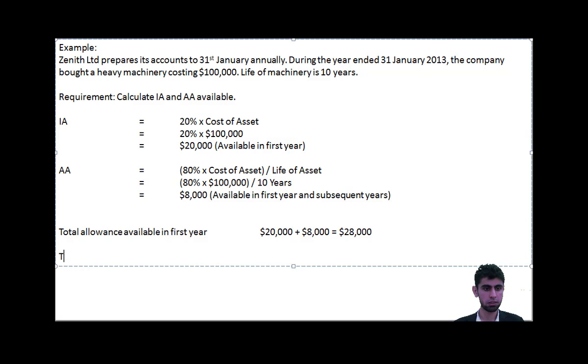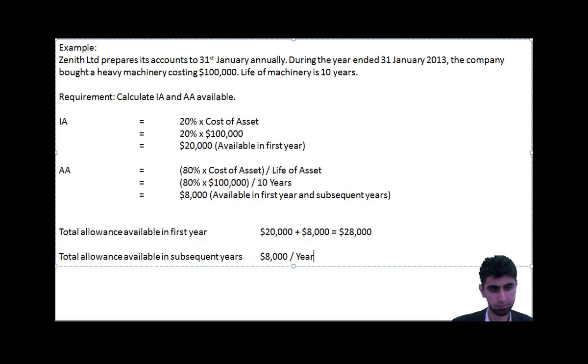Total allowance available in subsequent years is 8,000 per year, right? So that's your initial allowance and annual allowance calculated if the asset is purchased for cash.